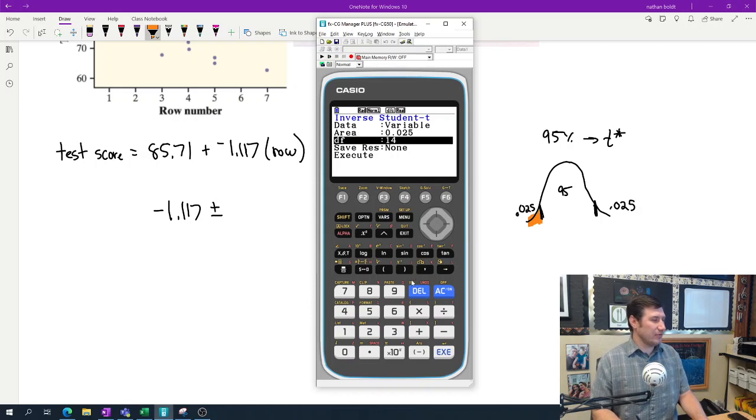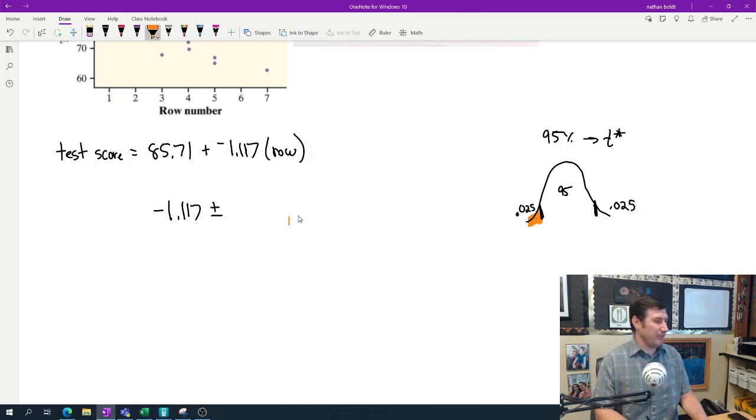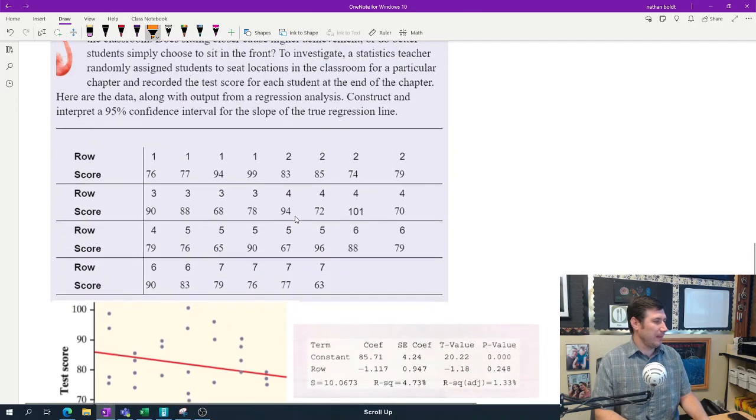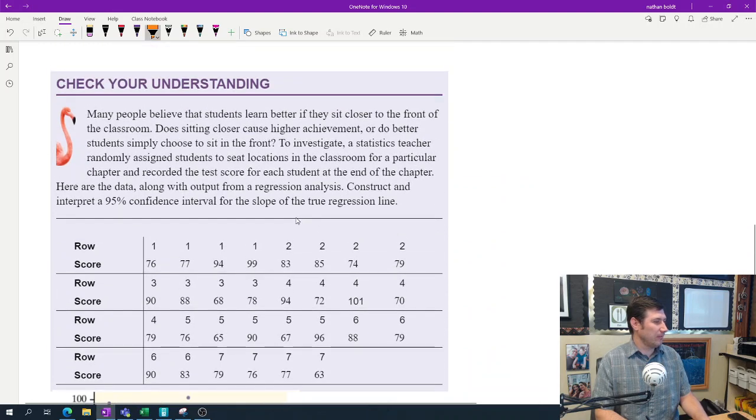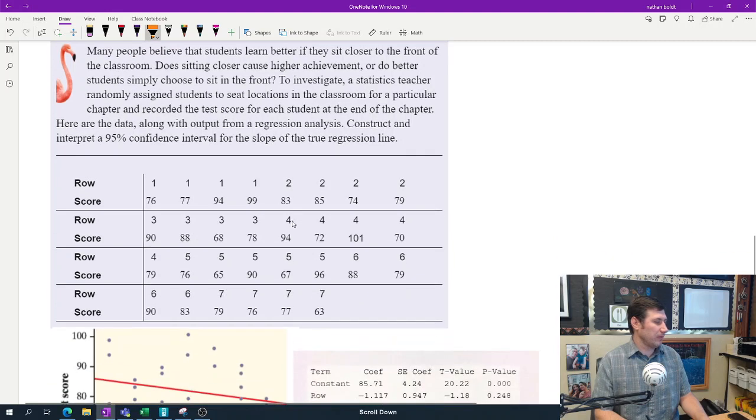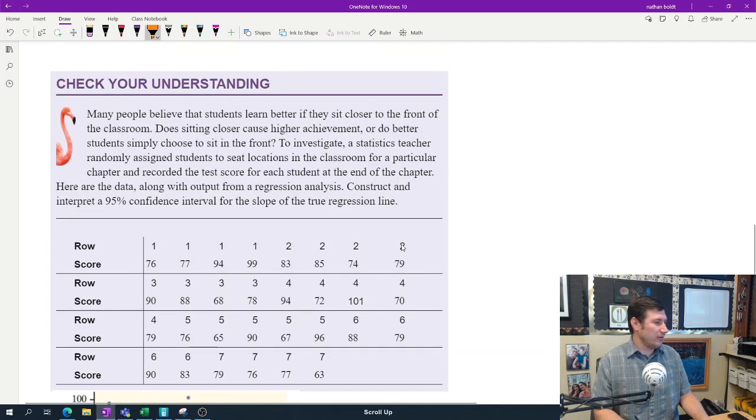Ooh, what are my degrees of freedom? I don't remember the sample size. How many do we test? Don't make me count. It's going to make me count. That is 1, 2, 3, 4, 5, 6, 7, 8, 9, 10, 11, 12, 13, 14, 15, 16, 17, 18, 19, 20, 21, 22, 23, 24, 25, 26, 27, 28, 29, 30. Did it say 30 somewhere and I just missed it?